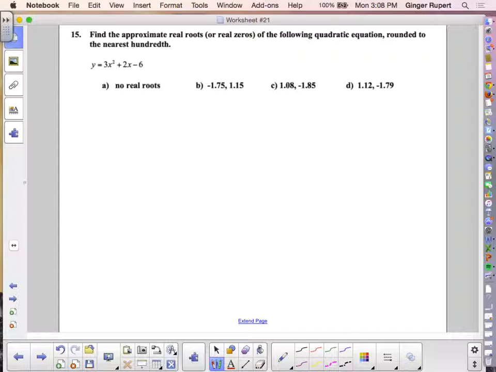Last problem for this review worksheet is find the approximate roots or real zeros of the following quadratic. Round to the nearest hundredths. Okay, so you're going to put in your calculator in y1 this 3x squared plus 2x minus 6. Set your window to standard.